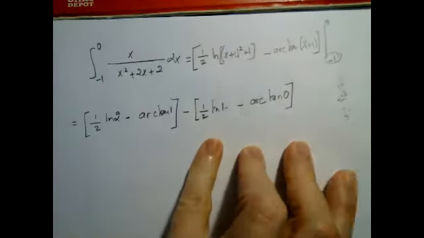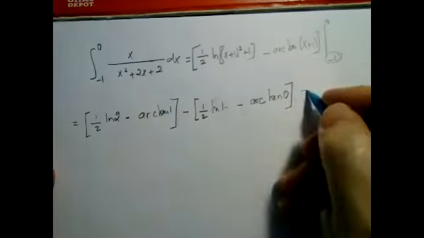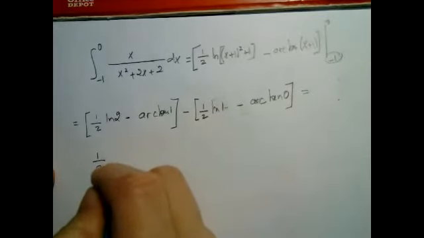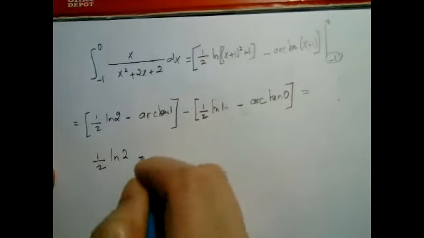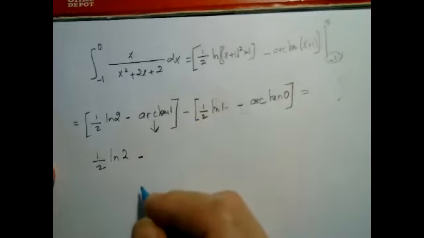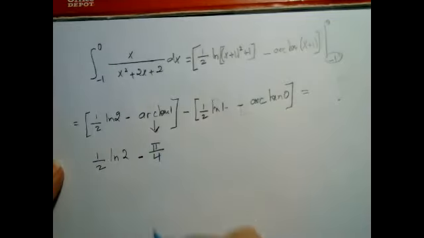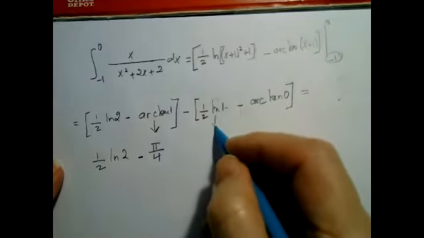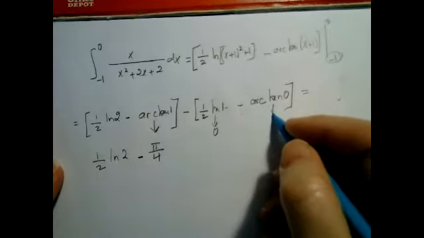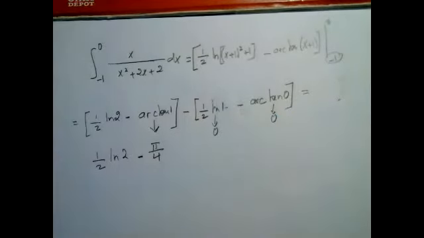And then some of them are easy to evaluate. So I will have half ln of 2 minus arctangent 1 means the angle whose tangent is 1, that's pi over 4. ln of 1 is 0, arctangent 0 is 0. And that's the end of the problem. Okay.